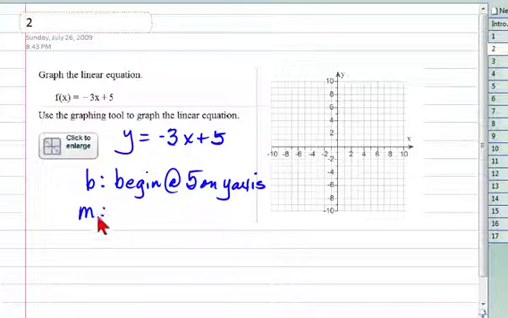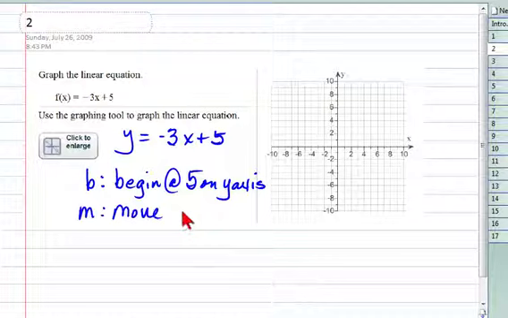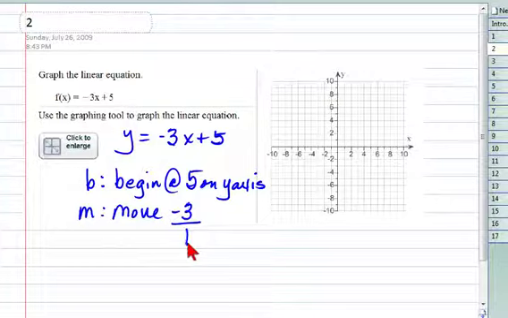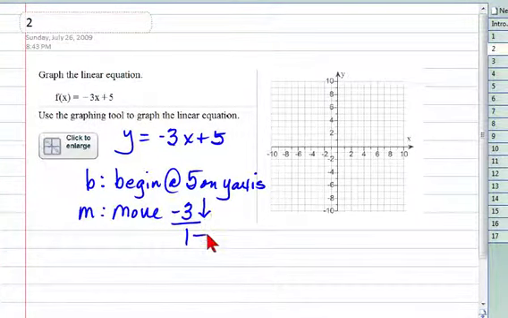M, how will I move? Well, what's the number? Negative 3. Since it doesn't have a denominator, you have to give it one. What does a vertical negative 3 tell you to do? Go down 3. And then a positive horizontal, go right 1. B for begin, M for move.